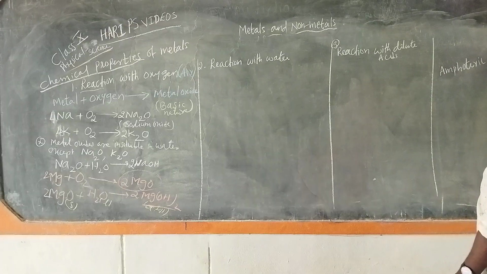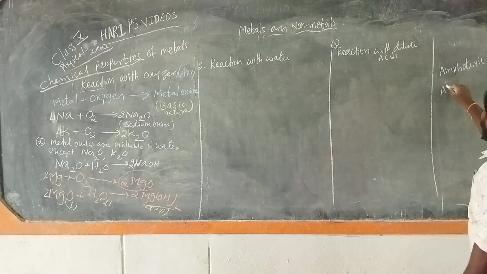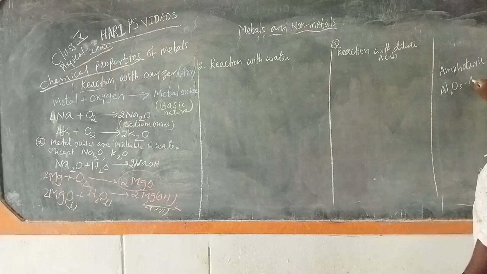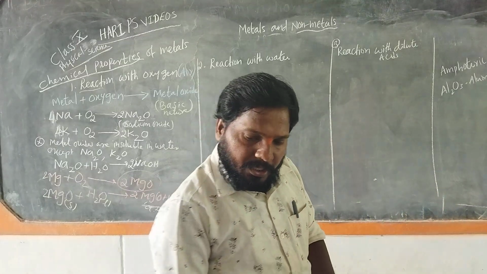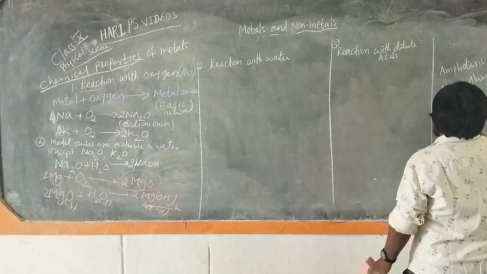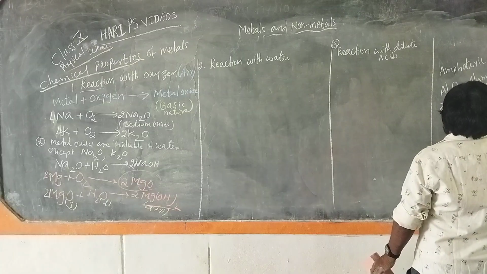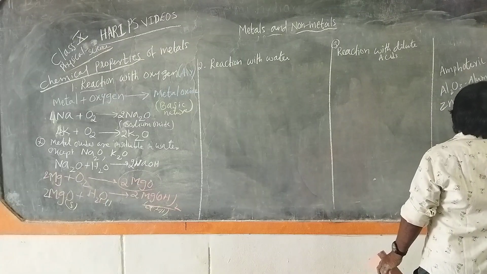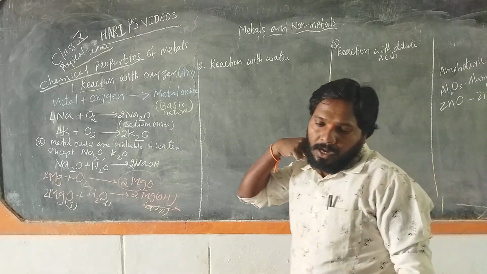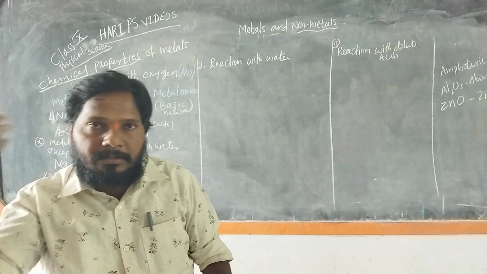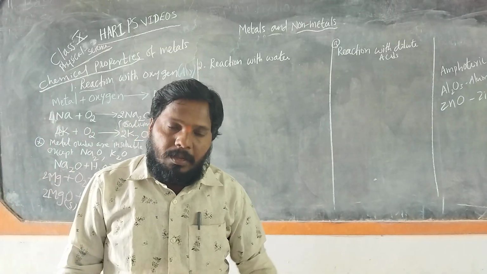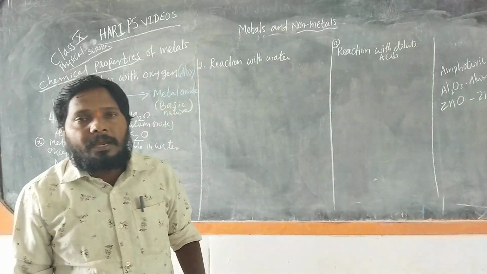Amphoteric oxides are aluminium oxide, which is one example, and zinc oxide. Aluminium oxide and zinc oxide are amphoteric oxides. They react with bases, react with acids as well, and form salts and water.